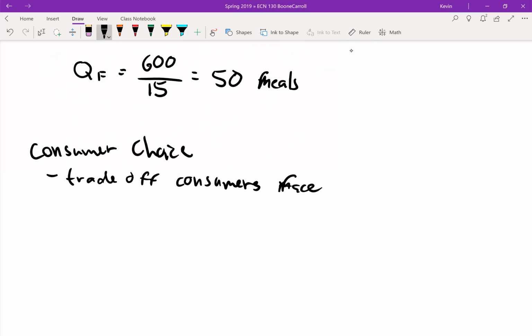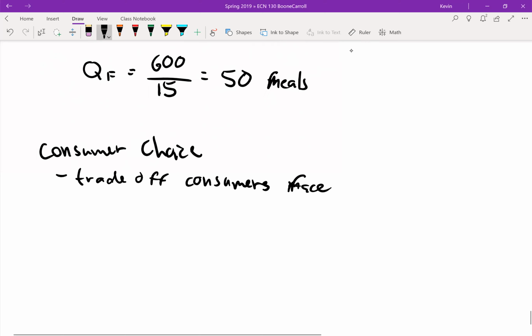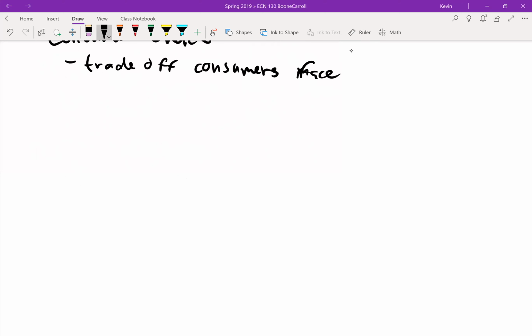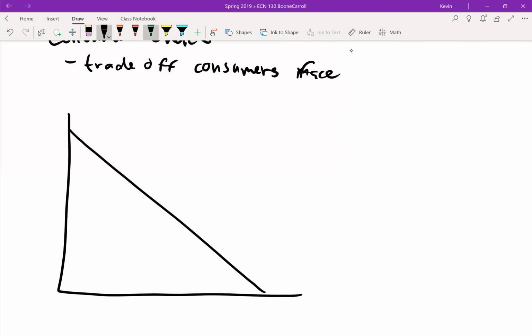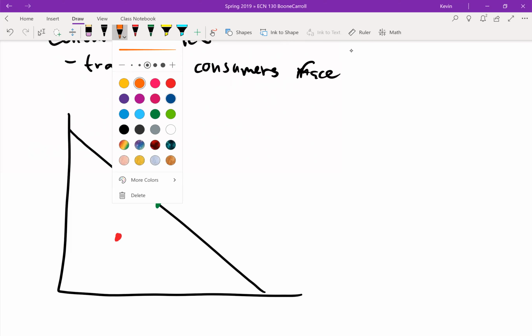The big idea is consumers face trade-offs, and we want to see how that works. With our budget constraints, we run into 3 different types of points, which I'm going to label as a green, a red, and a blue point.